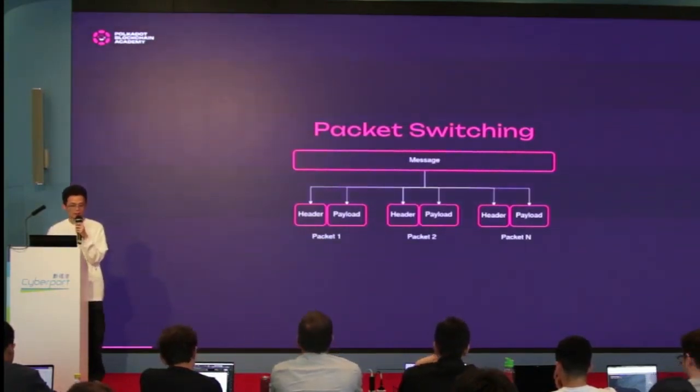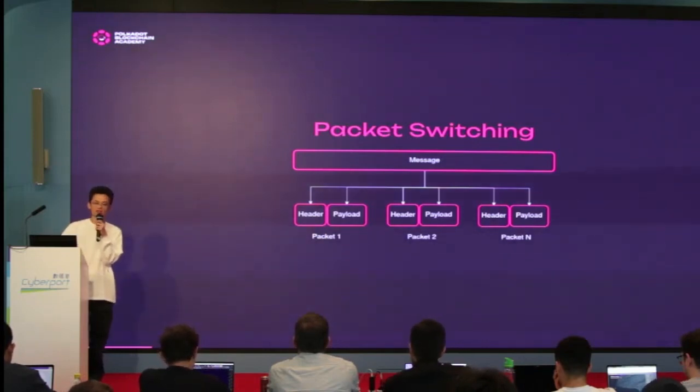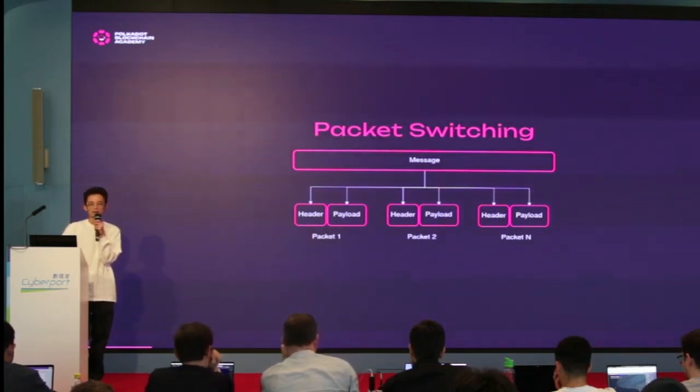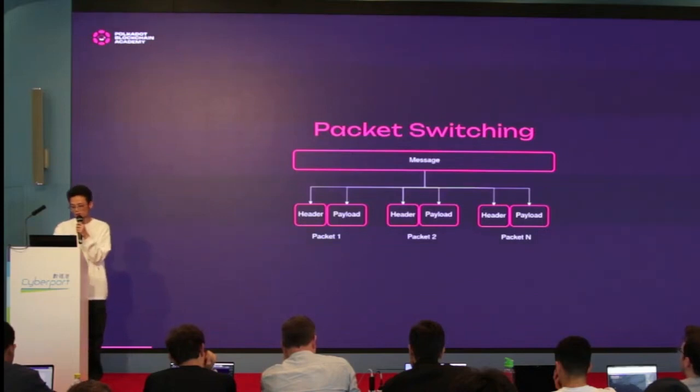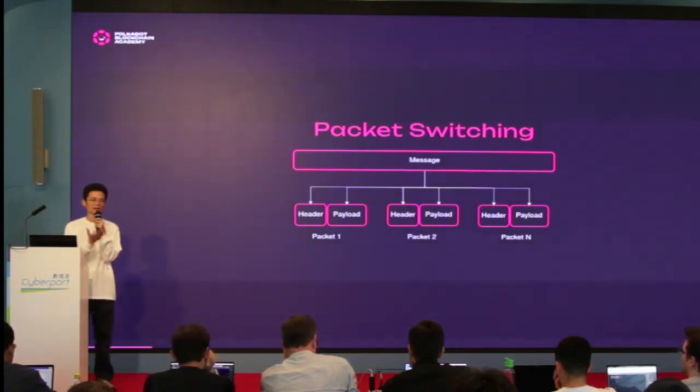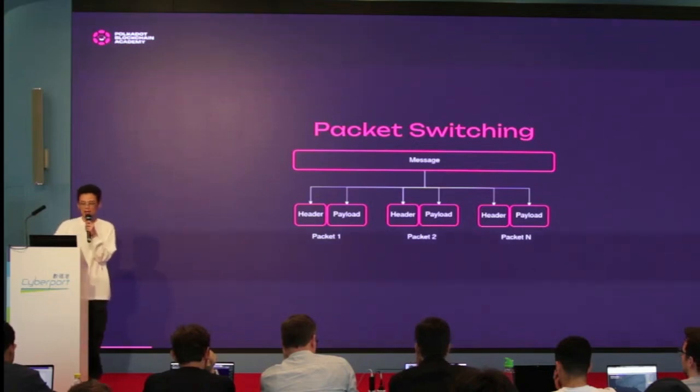The message will be divided into different packets, and each packet consists of a header and a payload. The header basically contains the destination information, the receiver, and there can be some encryption mechanism if you would like the message to be encrypted. And the payload will be the data that you are sending, okay?